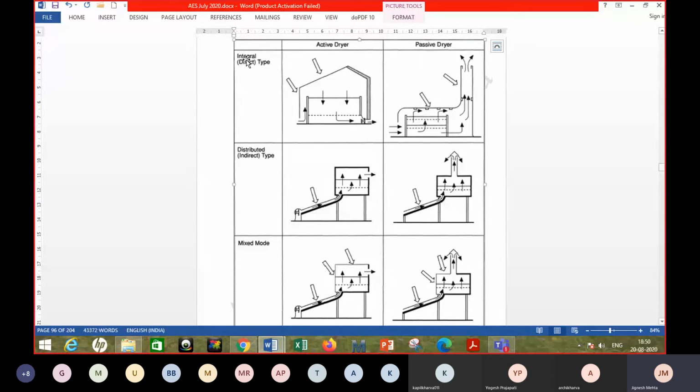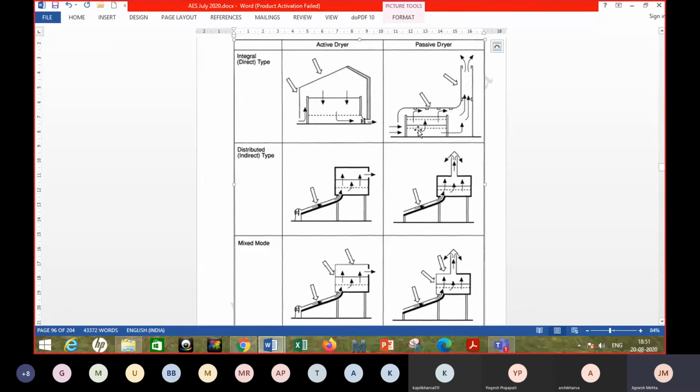So this integral or direct type uses direct solar radiation for drying the product, right? This line is nothing but the glazing or glass, and this vertical line also could be glass. So the radiation directly falls onto the chamber where you are drying the product. Okay, so that is integral type.